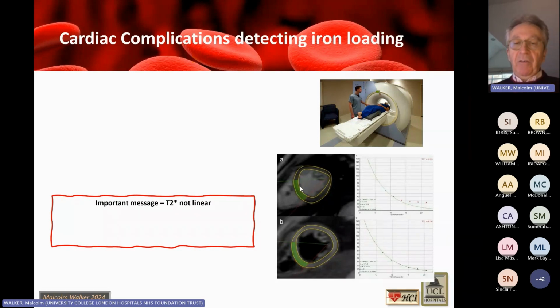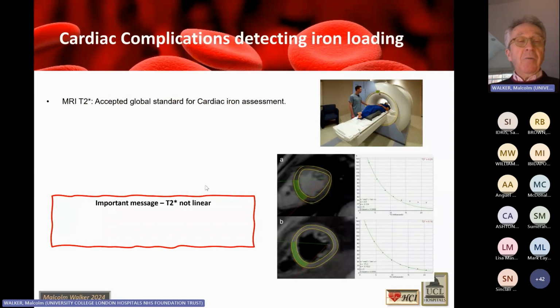You can measure it non-invasively in tissue, looking at the decay of the MRI signal. The speed at which the signal decays, gets darker, is a mono-exponential, and from that mono-exponential you can derive the rate constant, and that's called the T2 star.